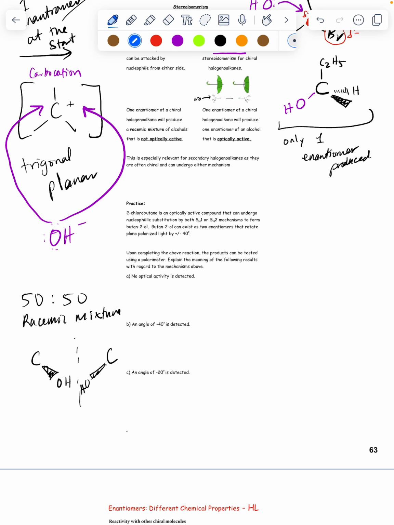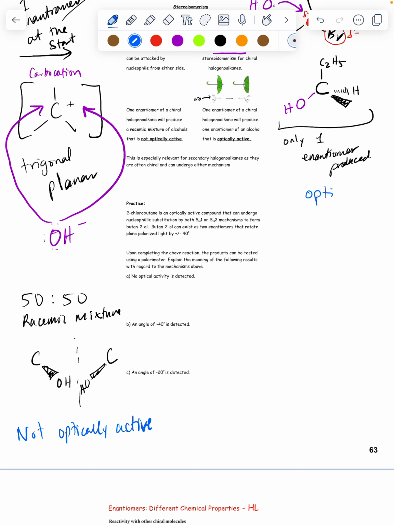And racemic mixtures are not optically active. Because you have both of the isomers, they both rotate light in opposite directions, and so the rotations all get canceled out, and it makes it so it's not optically active.